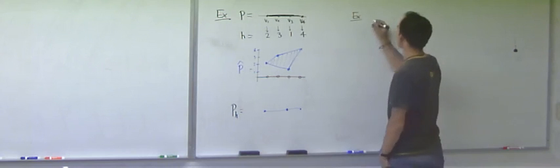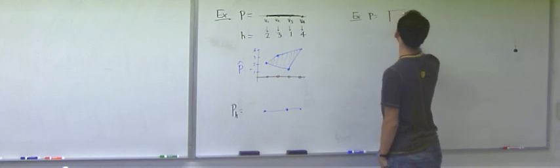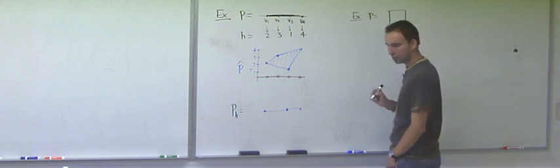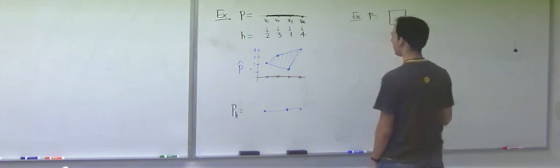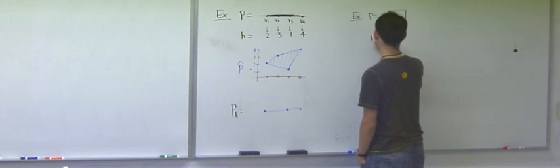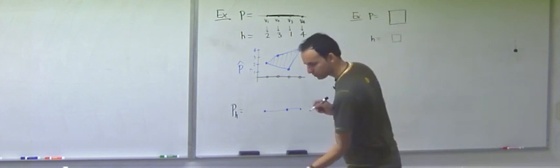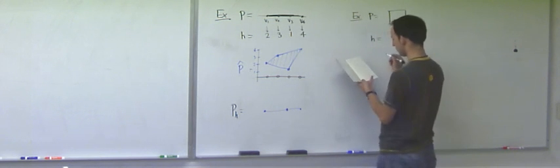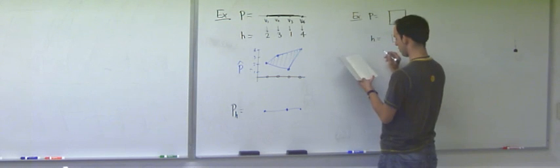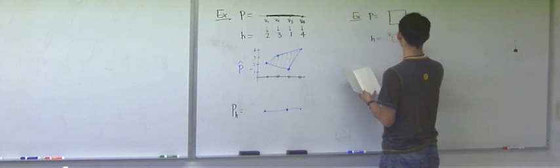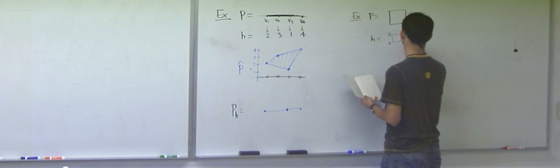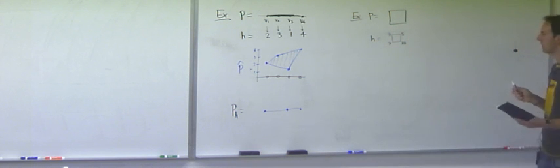So let's say that we have now a square. And let's say that my heights are given by 7, 5, 3, 10.